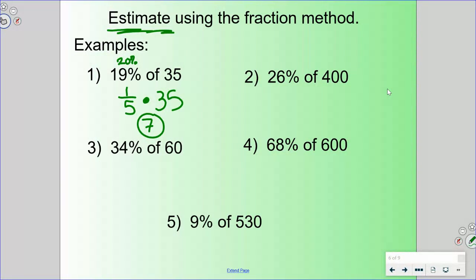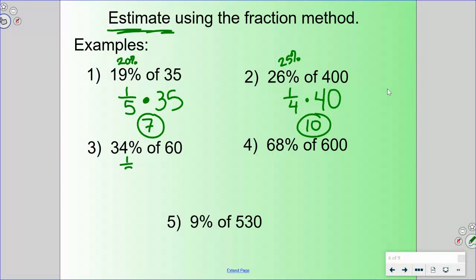Onward to example 2, 26%, very close to 25%. So if we're looking for an estimate, let's take 1/4 of 40, which is 10. All right, my suggestion, pause the video, see if you can do the next few. Come on back when you're ready.